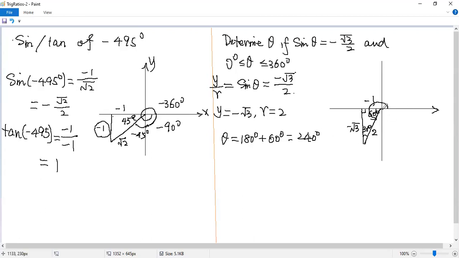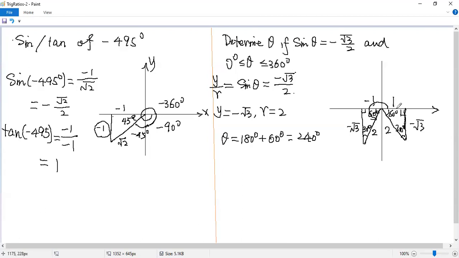If the terminal arm is in quadrant 4, the reference triangle would look like this one. And here is negative square root of 3, hypotenuse 2, again 1. So here's 30 degrees. So this angle is 60 degrees.